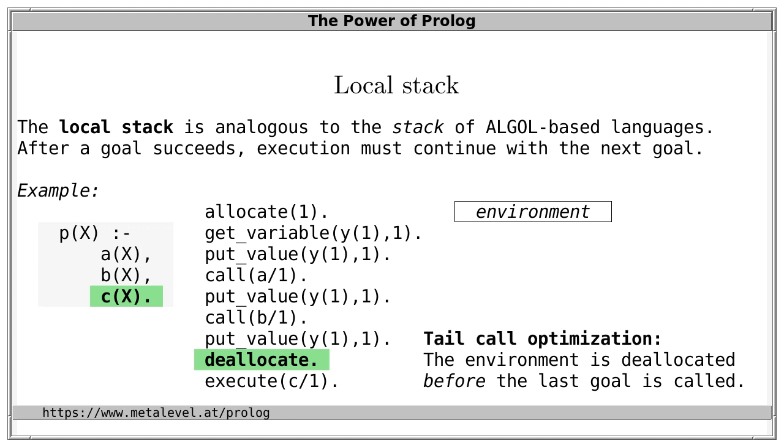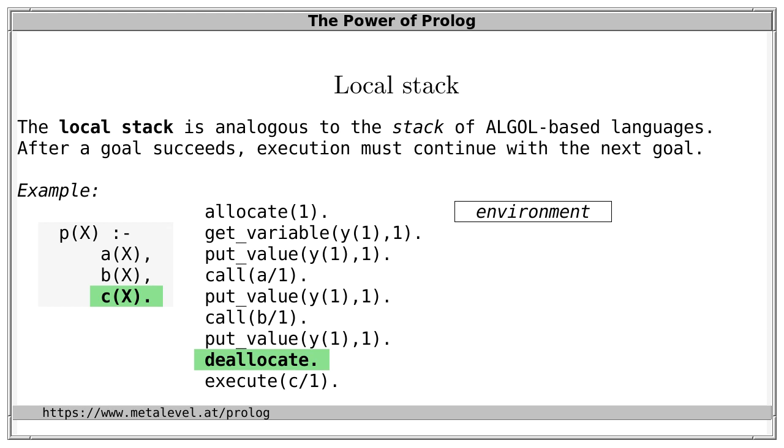This means that when the last goal of a rule is called, then the environment is already deallocated. And that's of course nice, because it means that the environments don't pile up for the last goal, even if the rule is used many times, for example in recursive clauses. So the effect of the deallocate instruction is that the current environment is removed from the stack, and only then is the last goal invoked.